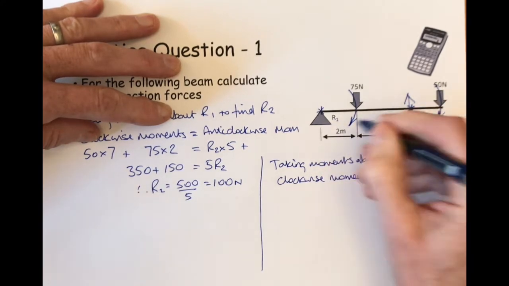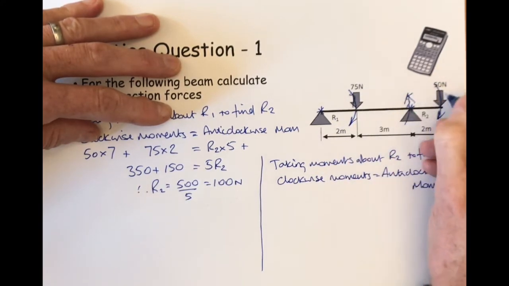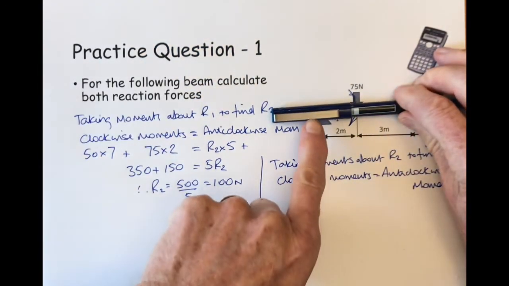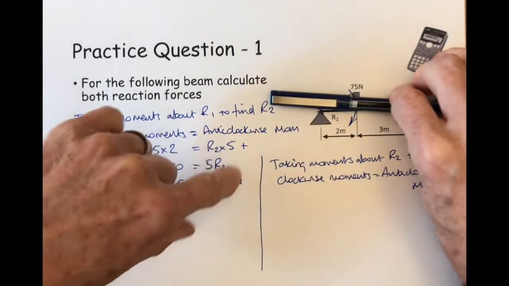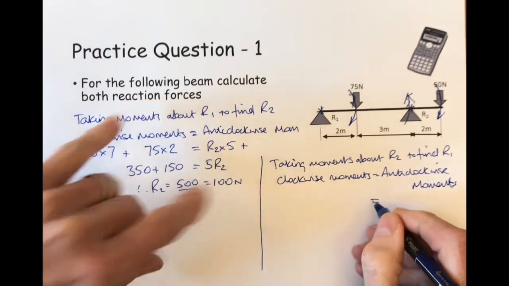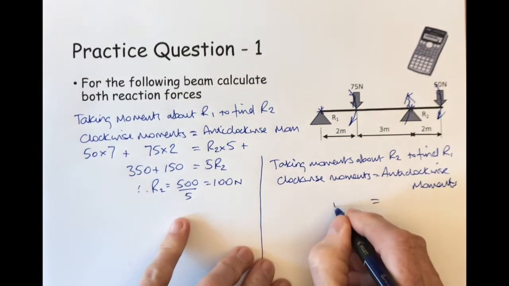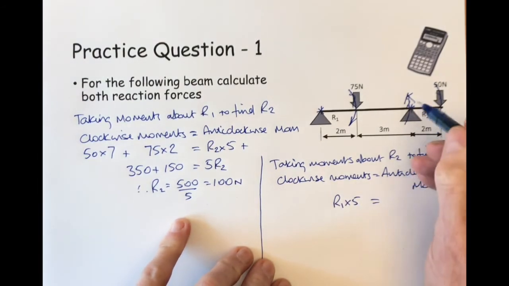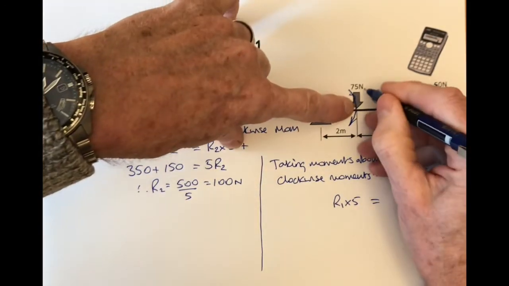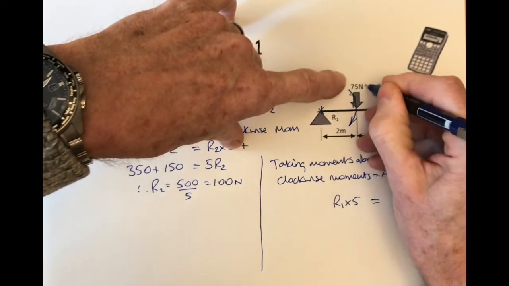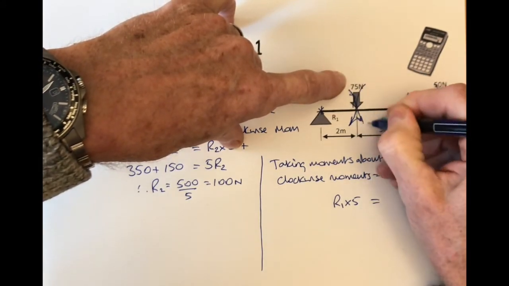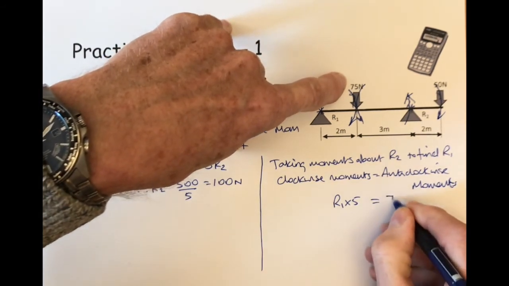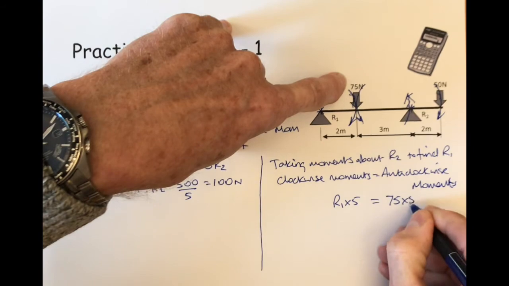So first one we come to, just cross those out, is R1, and that's going to be pushing the beam that way in a clockwise direction. So on this side we say R1 times 5, and then we come along here. This one's going to be pushing down that way in an anti-clockwise direction. So that's 75 times 3 on the anti-clockwise side.